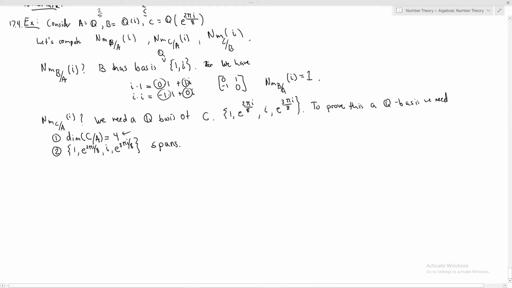Oh, I just need to know what the minimal polynomial for this guy is over Q. Okay, so the dimension of C over A equals the degree of the minimal polynomial for e to the 2 pi i over 8.